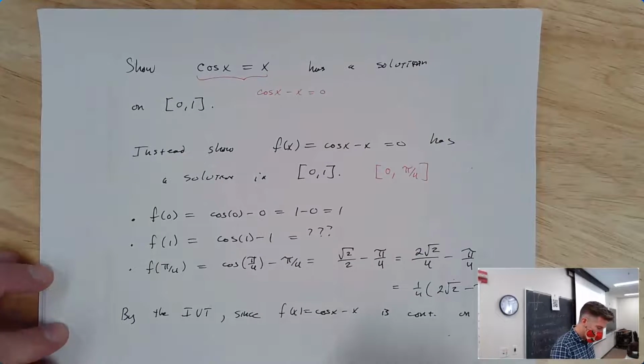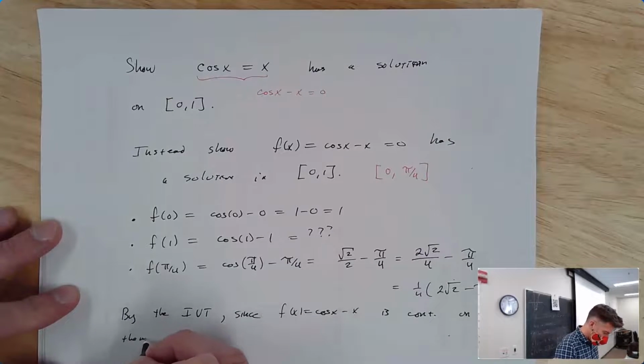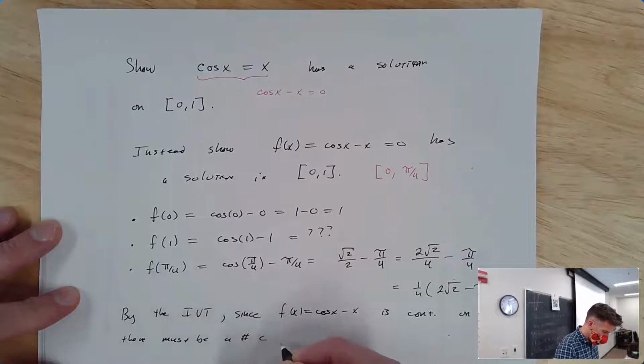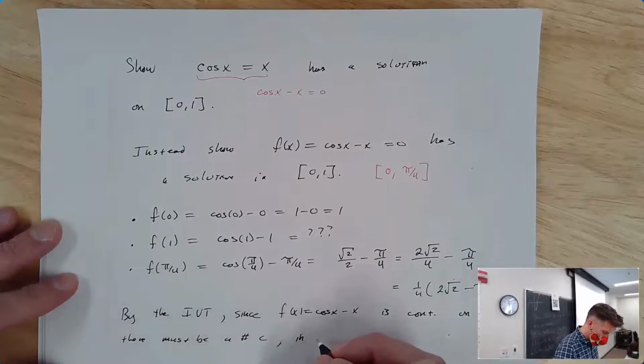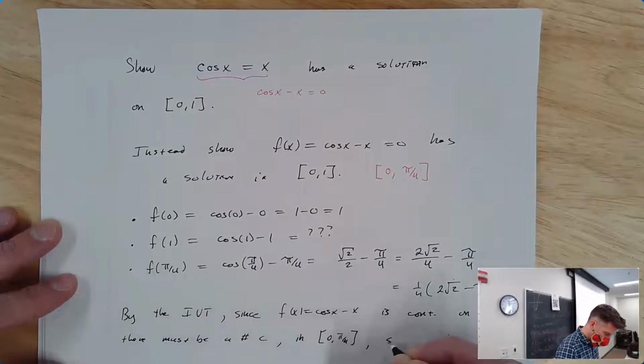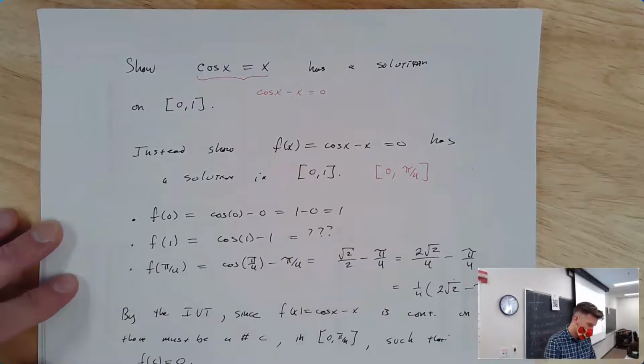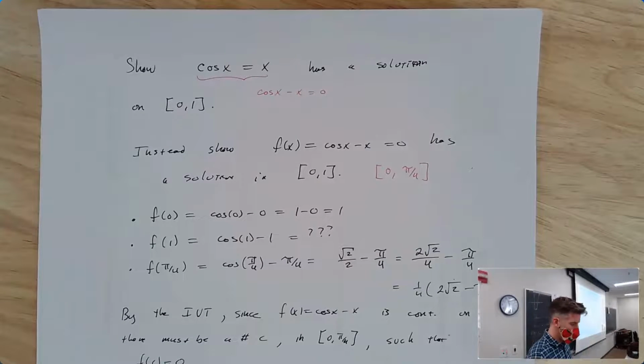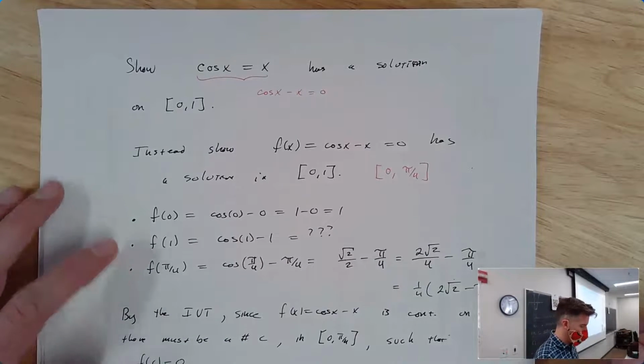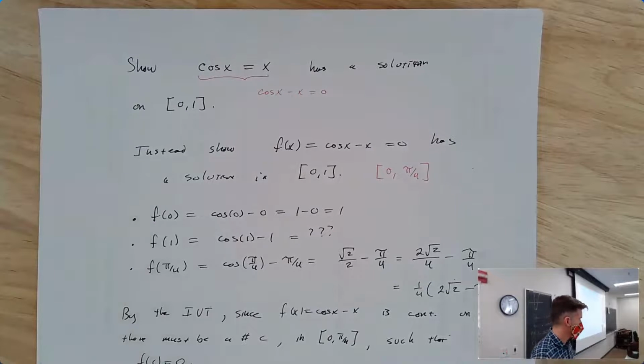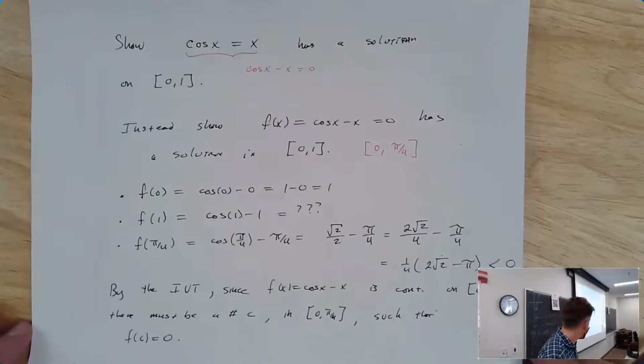So this is continuous on the interval. There must be a number c in the interval such that f of c is equal to 0. So it went from being negative at pi over 4 to positive at 0.